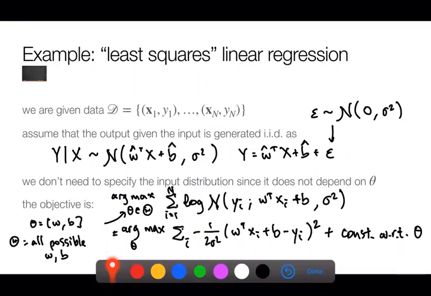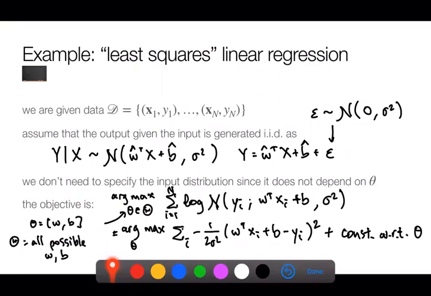So from the MLE perspective, what did I do? I assumed a particular distribution over my data. I assumed that I have some data distribution, P of X, which is something I don't know and I don't care about. And then the conditional output distribution, Y given X, is a linear function plus some additive Gaussian noise.